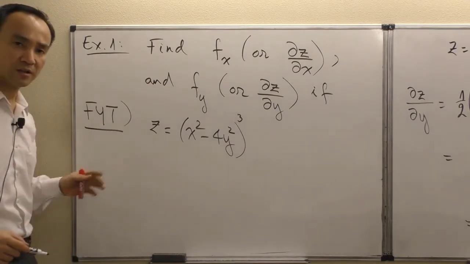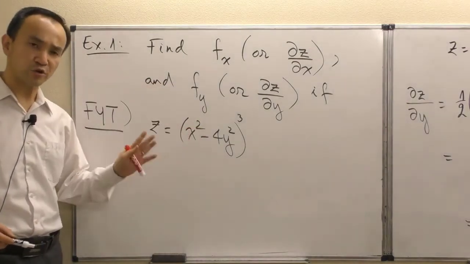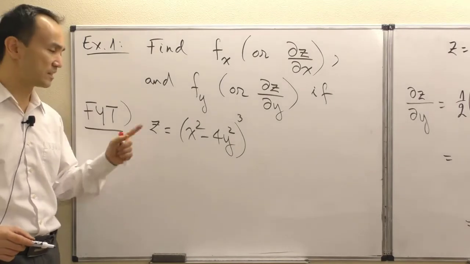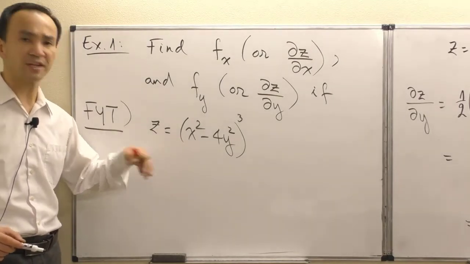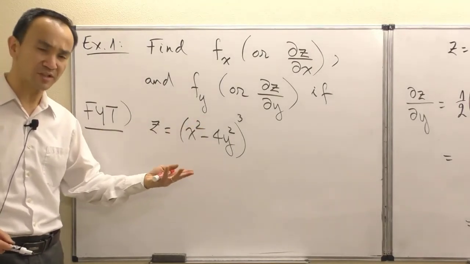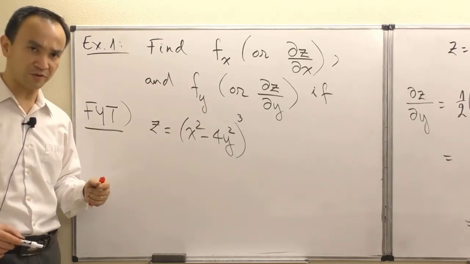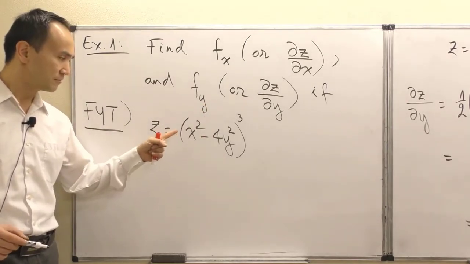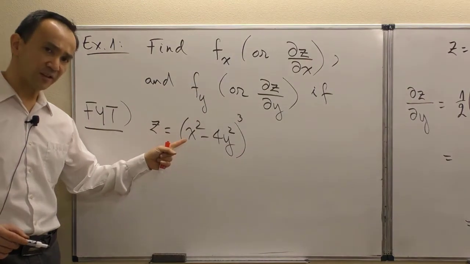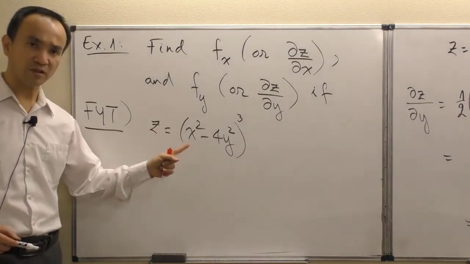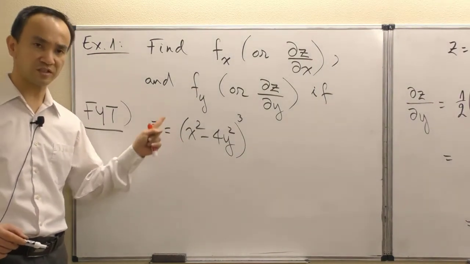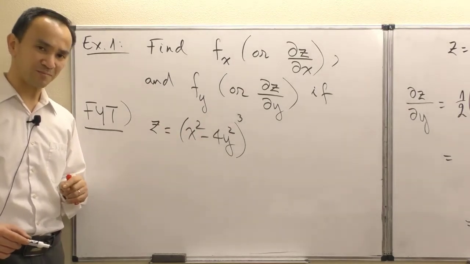Okay, so this is an FYT. I want you to give it a try independently. Go ahead and pause the video if you need to, and then once you're done, resume the video, and I will be showing the final answer for this.